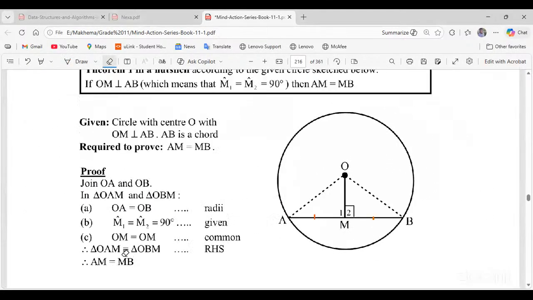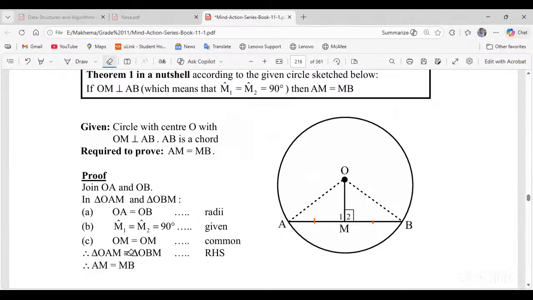So now we have proved that triangle OAM is congruent to triangle OBM. Then the reason is the right angle, hypotenuse, side. We use that. That is one of the conditions to prove the congruency between the triangles that you guys have learned in grade 10.